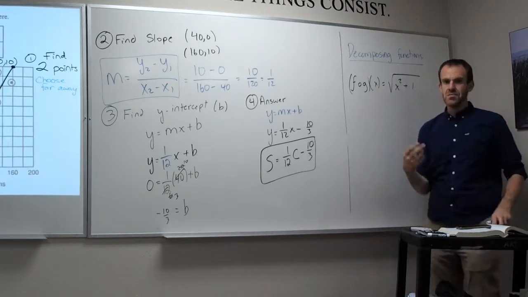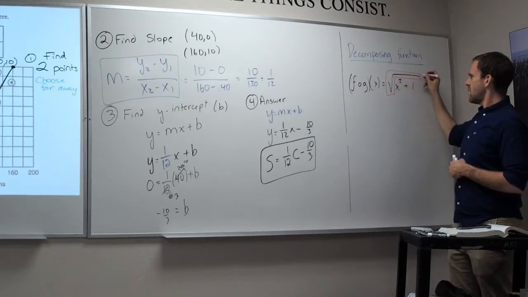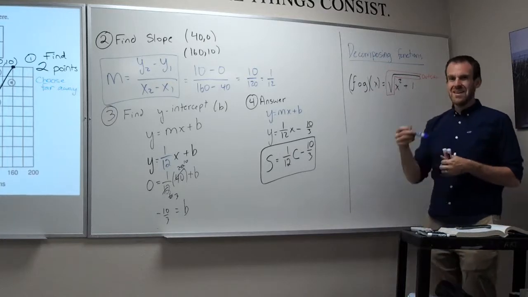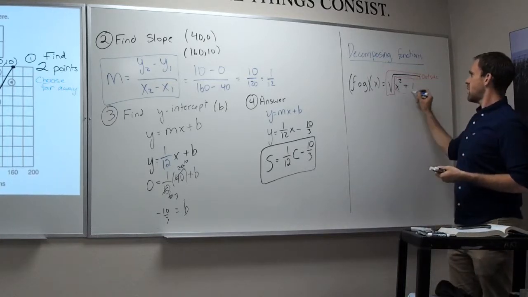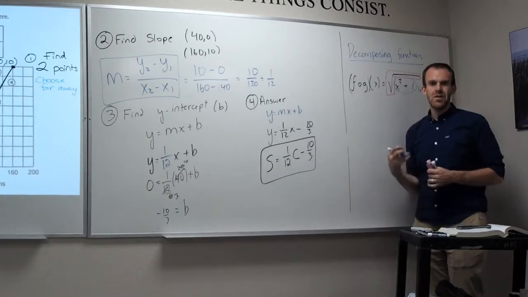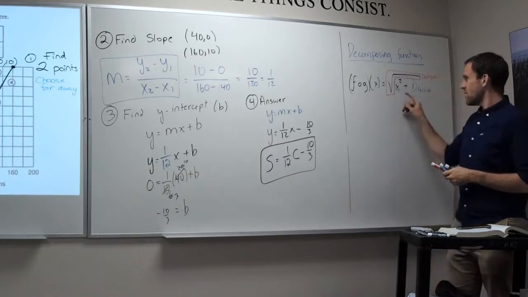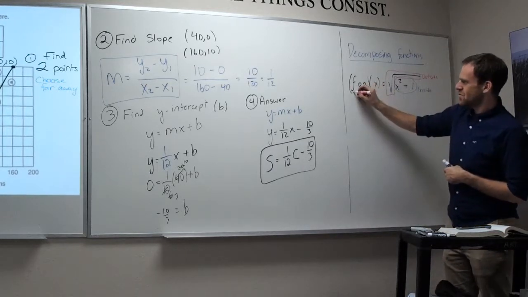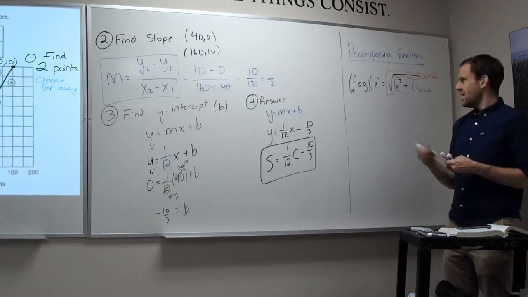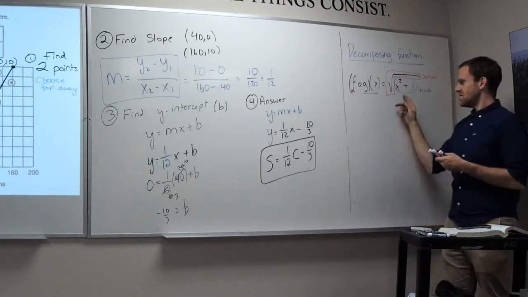What you are doing in these problems is trying to find the outside function and the inside function. See how x squared plus 1 is completely inside of the square root? That makes the square root my outside function, which will be the one furthest away, in this case f, and the one inside is the one closest to the x, which is g.